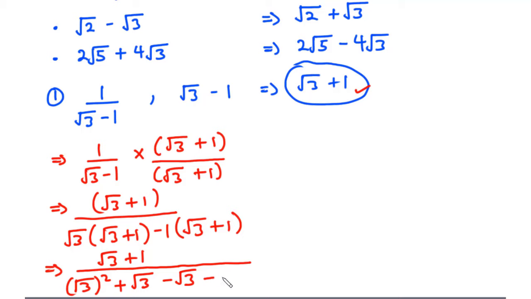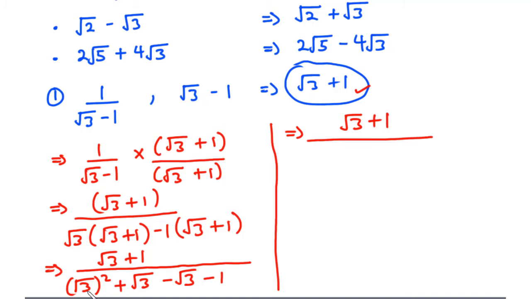So that is negative 1. So here we have the square root of 3 plus 1 divided by, now root 3 squared is 3 because the square cancels the square root. So we have 3. And then the square root of 3 minus the square root of 3 is 0. And then we have negative 1. So we have 3 minus 1.